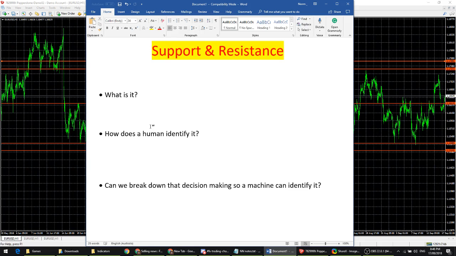So we need to have a little bit of a think about what it was we were doing when we were identifying all these different points, and thinking, can we make some mathematical rules that we can explain to a computer and a computer can look at and pick up these patterns that we identified as humans.